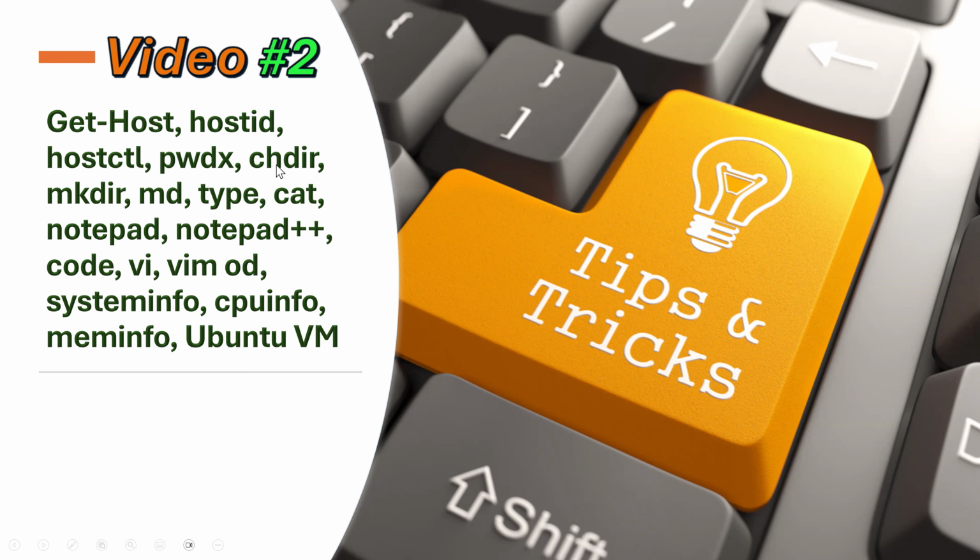Change directory is a Windows command. chdir is the longer version, cd is the shorter version, and Get-Location and Set-Location are also cmdlets on PowerShell. This is also a Windows DOS command.